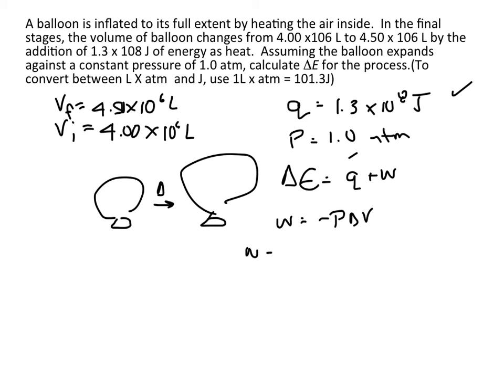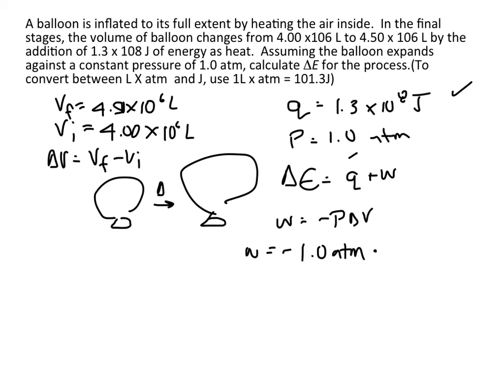So W is going to be equal to the negative 1.0 atm times our change in volume, which is going to be delta V, which is equal to Vf minus Vi. So in this case, 4.50 times 10 to the 6 minus 4.0 times 10 to the 6.